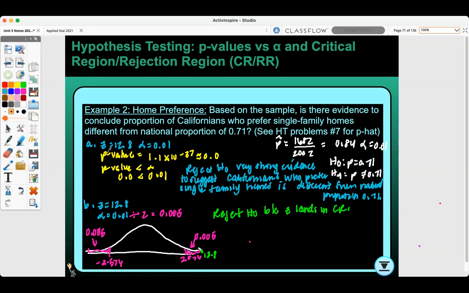Now when we put these two together with C, the z-score of 12.8 is in our rejection region, and our p-value of about 0.0 is less than 0.01, so we also reject our null hypothesis. Landing in the rejection region corresponds to a p-value being less than our alpha.